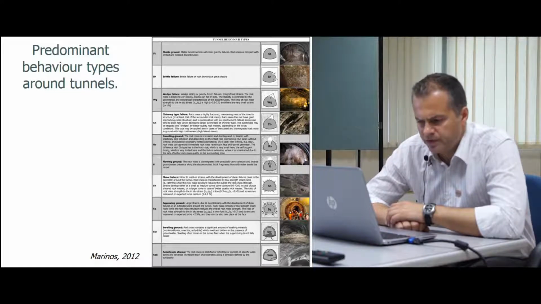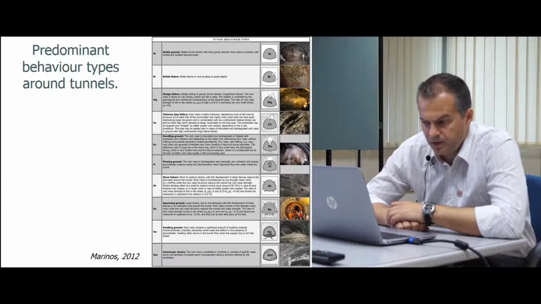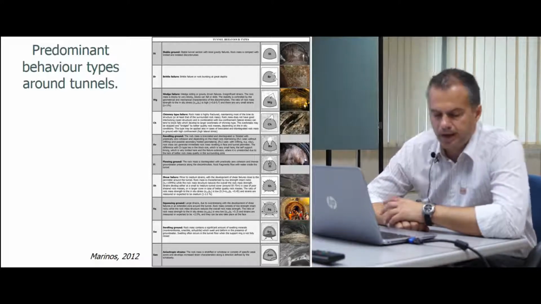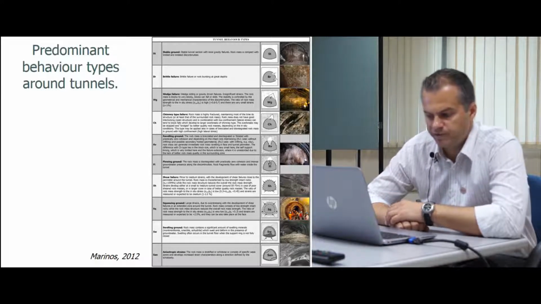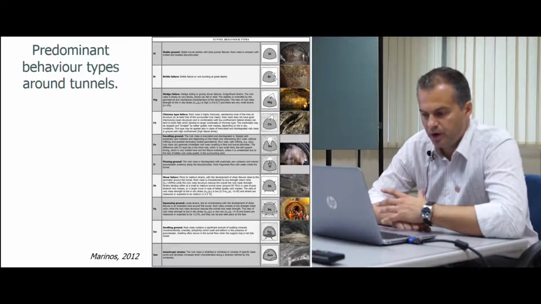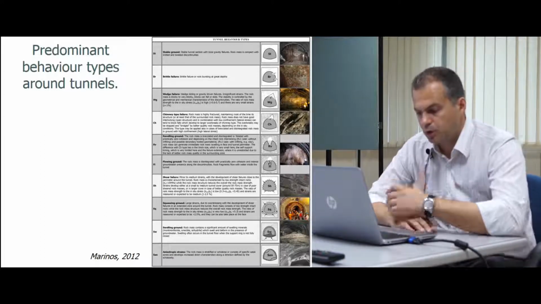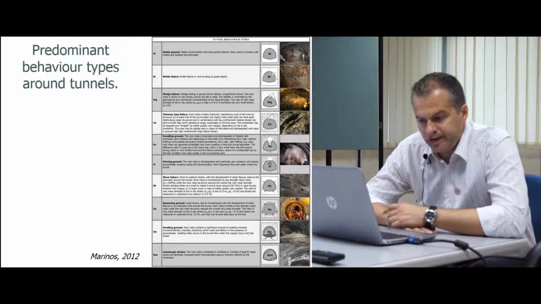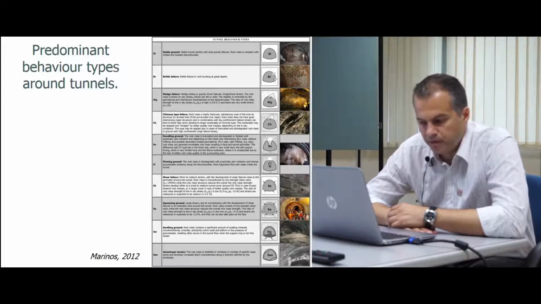So you have this chimney type failure. You don't have very good interlocking. You have an open structure, and with a combination of very low confinement, let's say we are close to the portal or close to a stream, all the blocks tend to fall and develop these larger overbreaks.